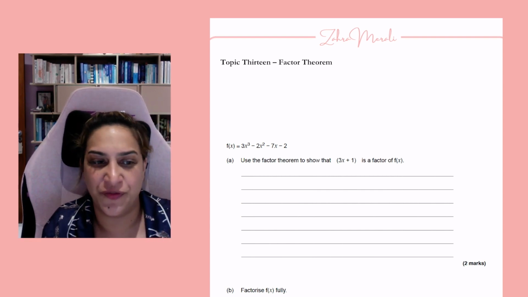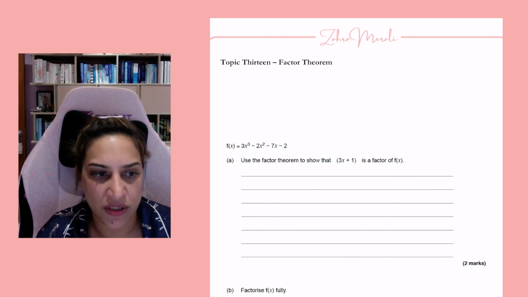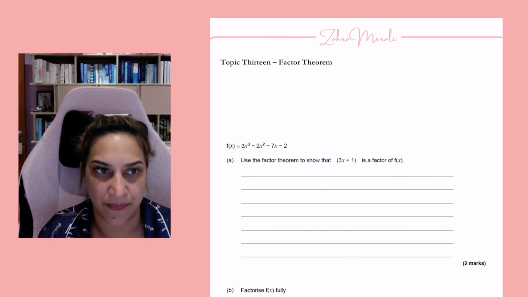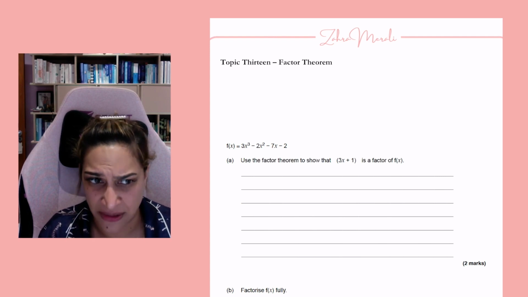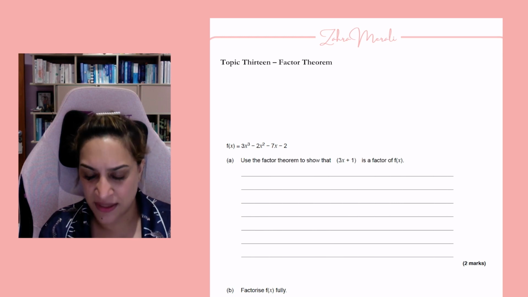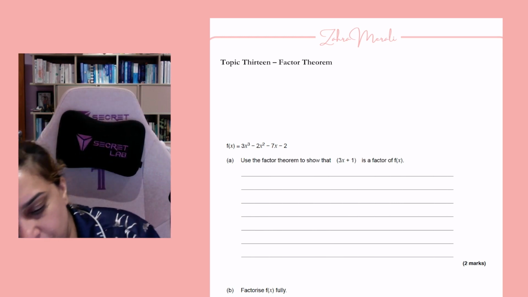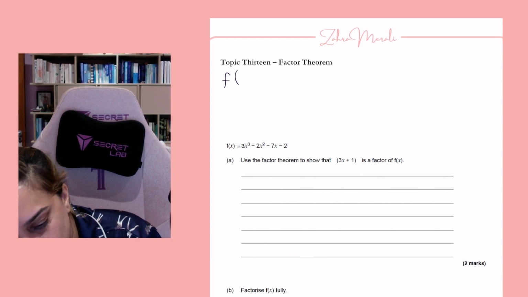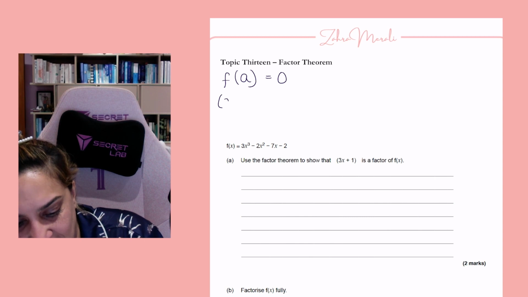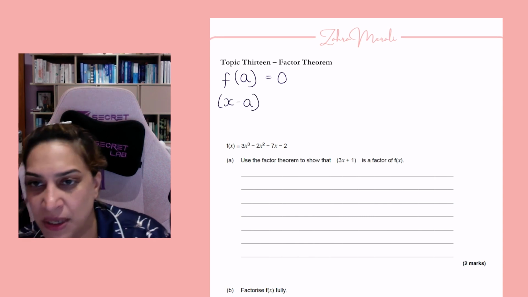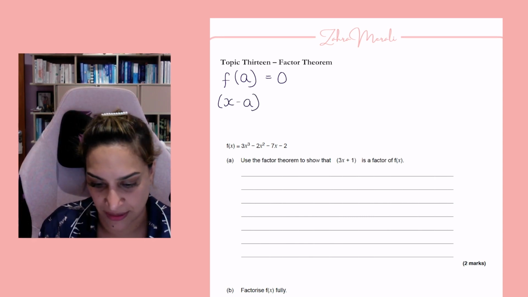We've now got the factor theorem. Now, what does the factor theorem say? The factor theorem tells us that if we substitute a number in, so if f of a equals 0, then x minus a must be a factor, one of our brackets.